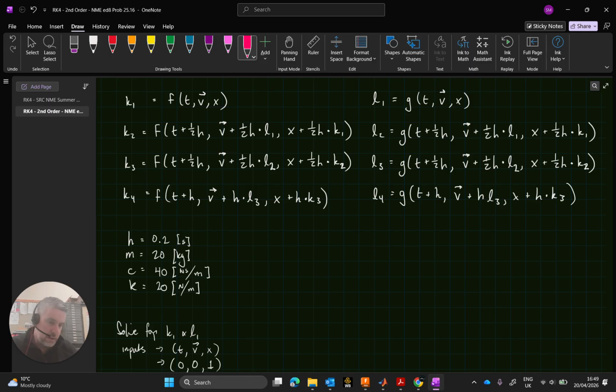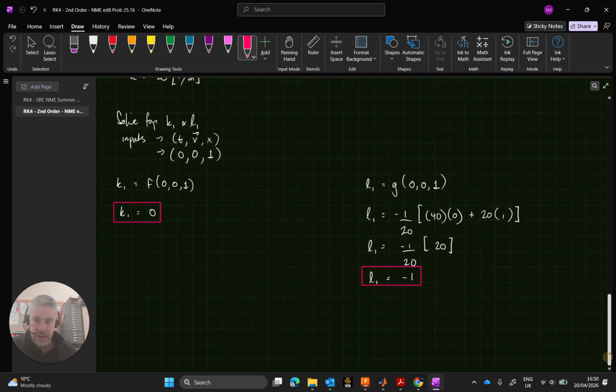So let's see if I can pick up my cursor here, or my slider, which I can. So what I'll also do is underline this in that same color, just so we can keep track, maybe a wee bit easier, of where we are. Let's now solve for K2 and L2.